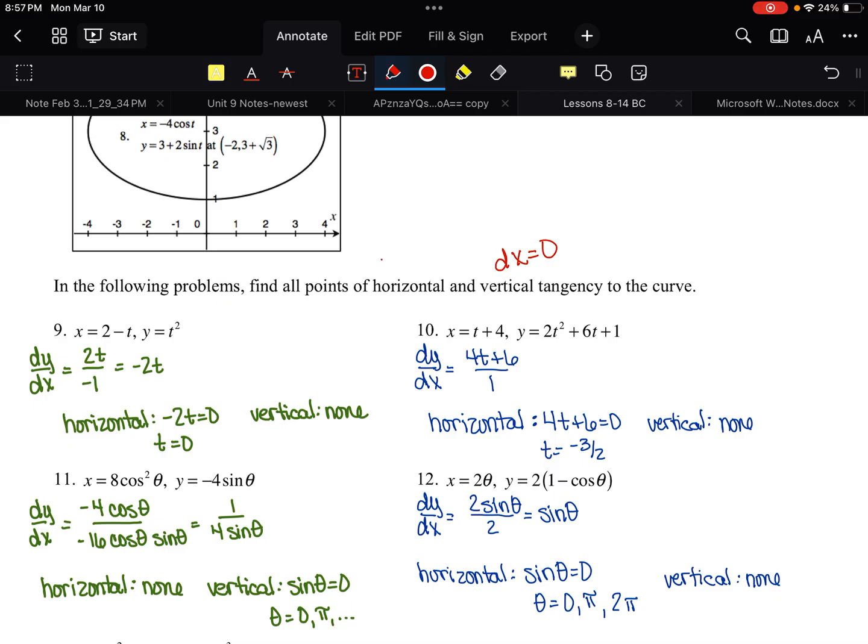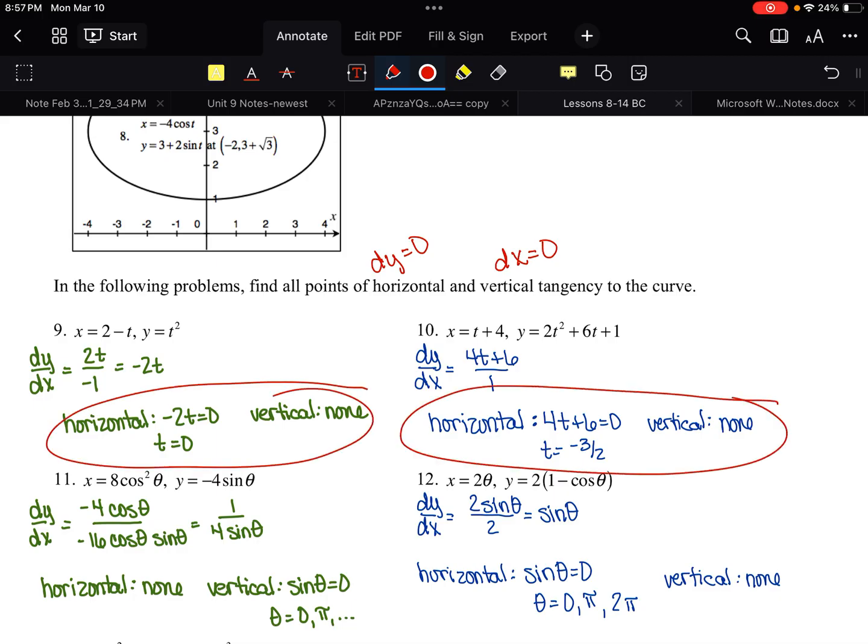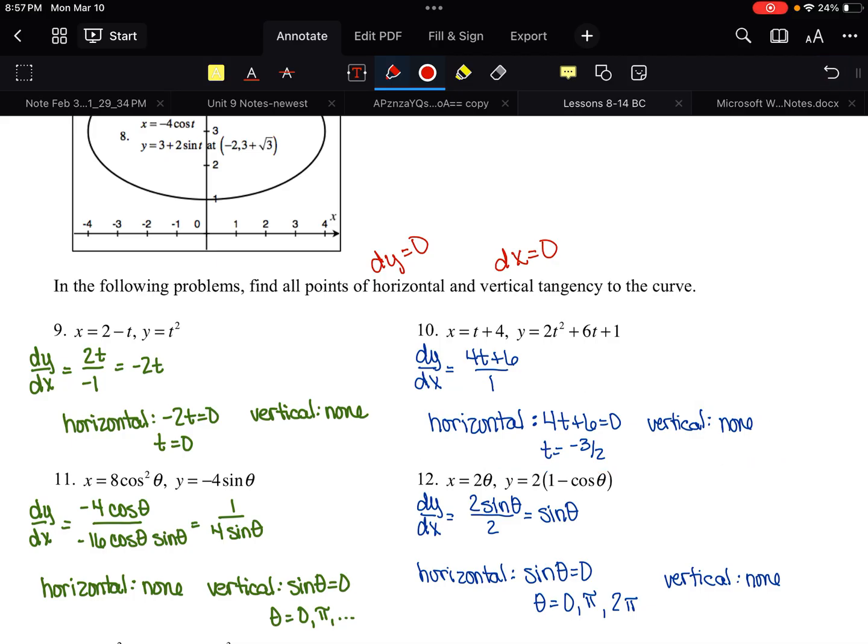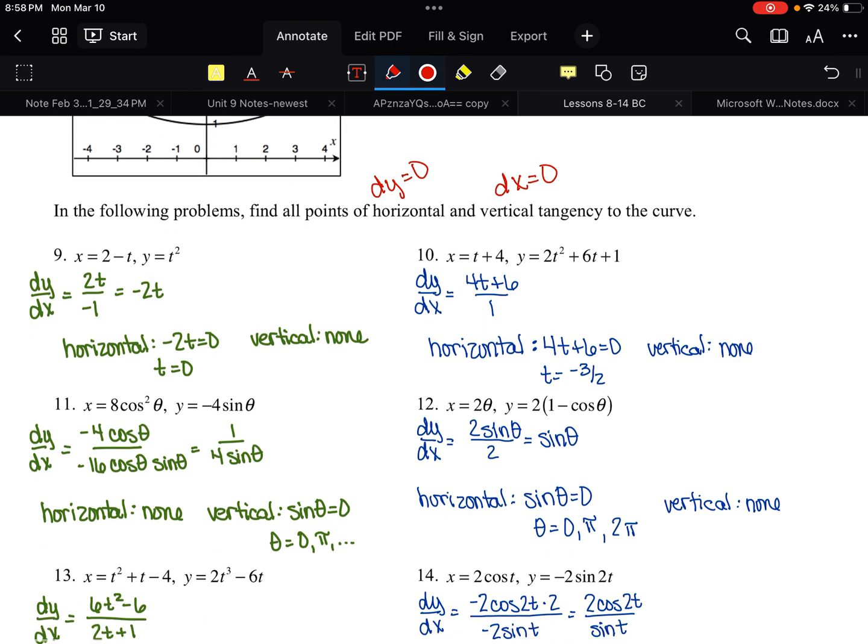Horizontal is when the top is 0, so that's when dy is equal to 0. So you can see the work that I did on each one of these. The horizontal one, I only cared about the top. The vertical one, I only cared about the bottom. When the denominator is 1, 1 is never going to equal 0, so that wouldn't have any points where the tangent line would be vertical.